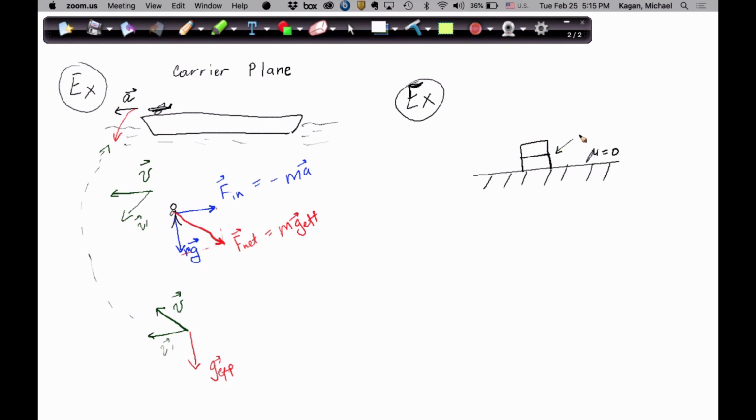But there is a non-zero mu between the blocks. You apply a force F to the top block. I can give you the masses of the blocks, M1, M2, and mu.